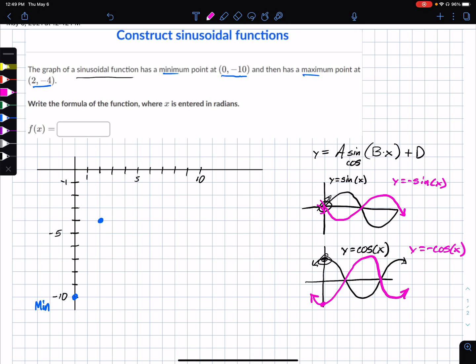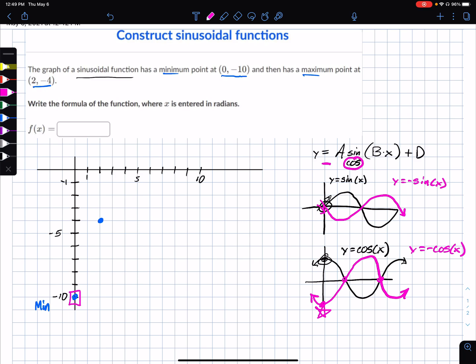So the midline points wouldn't change, but their behavior at the minimums and maximums would be opposite. So this is really behaving like a cosine function, and in particular a negative cosine function.